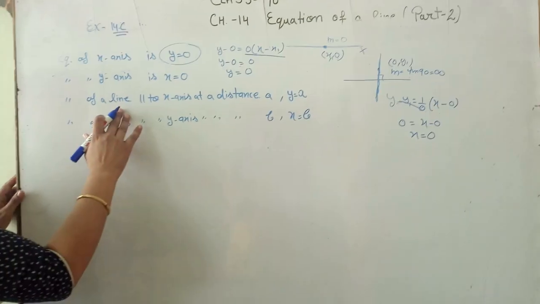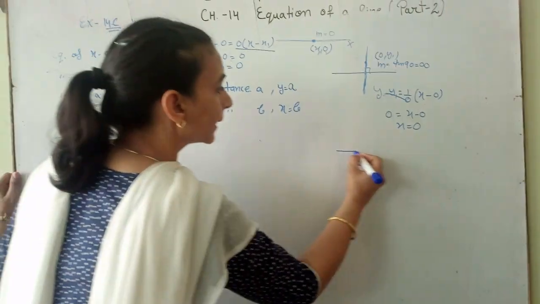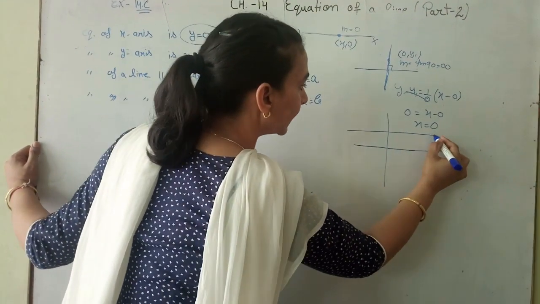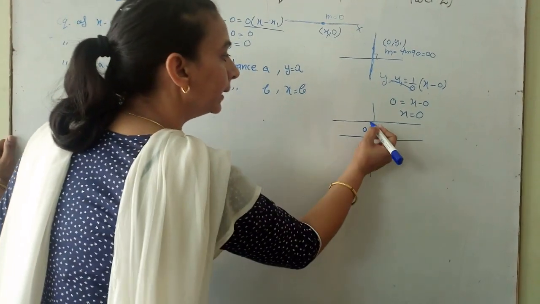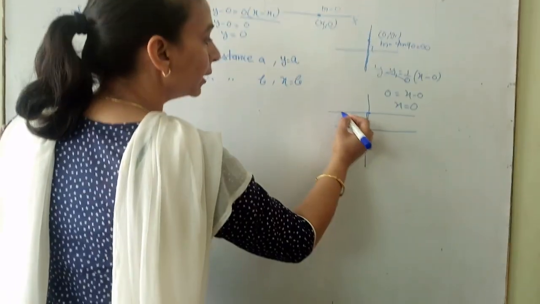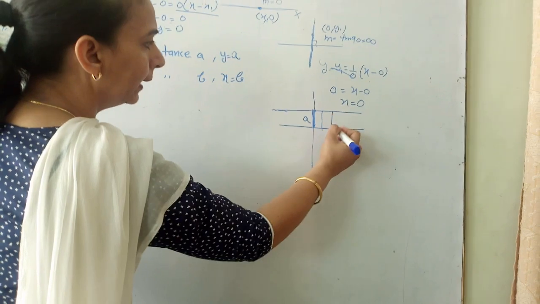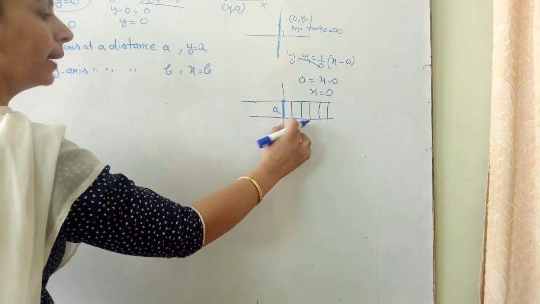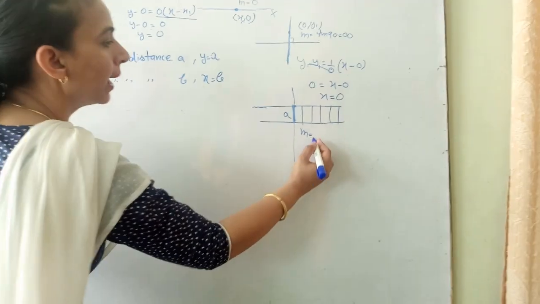Same, the equation of a line parallel to x-axis at a distance a. Any line parallel to the x-axis at a distance a, the coordinate of this point has distance a, and the slope m is equal to 0.